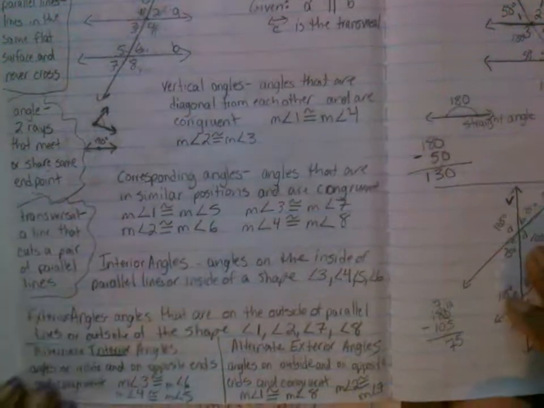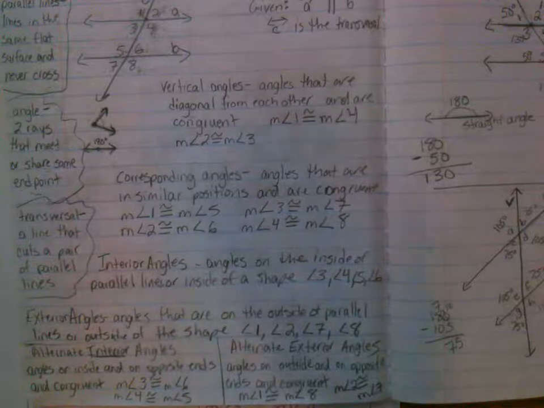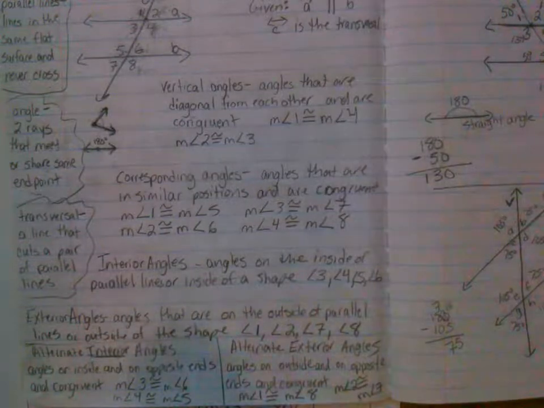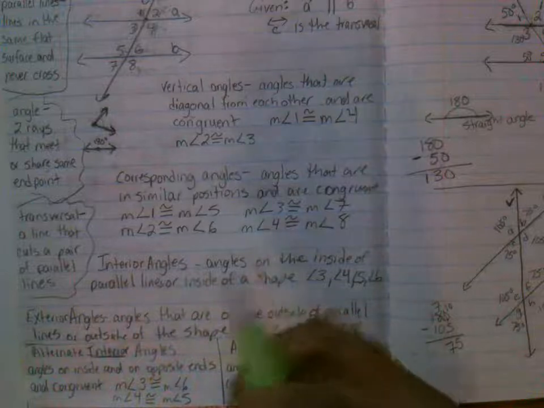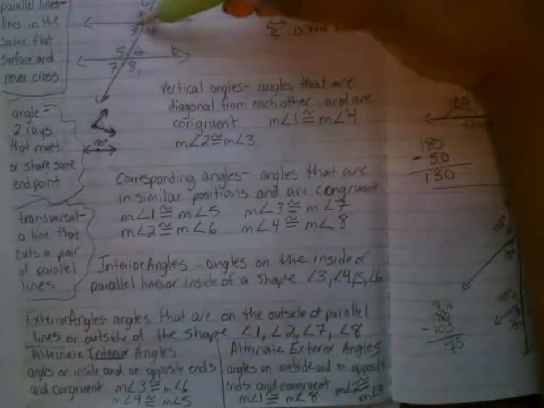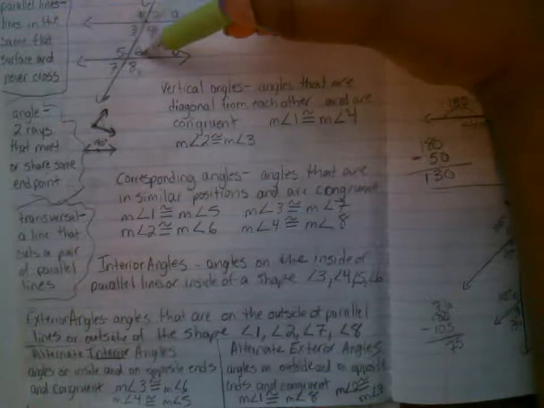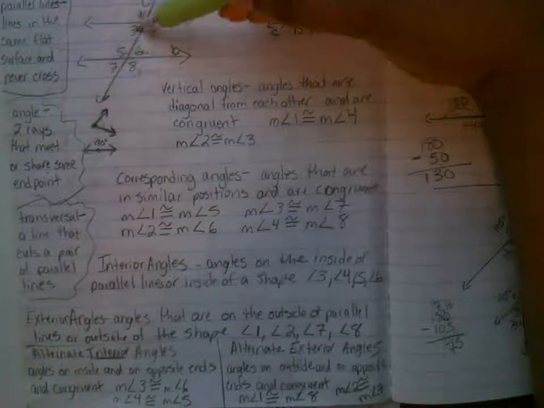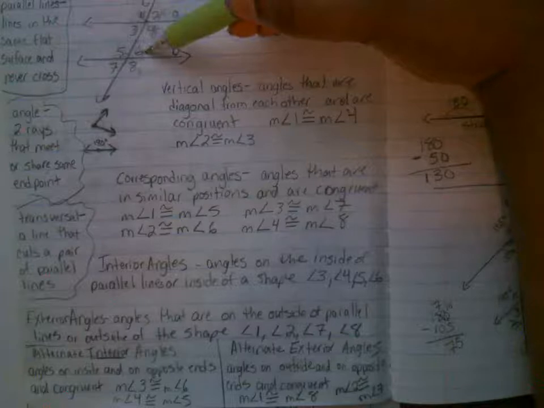Your alternate interior angles. Alternate part of this is opposite. Interior is inside. So these angles are on the inside and on opposite ends. So look, the alternate interior angle for 3 is going to be 6. Why? Because they're both on the inside and on opposite ends. 3 is on the top, 6 is on the bottom. For me, 3 is on the left, 6 is on the right.